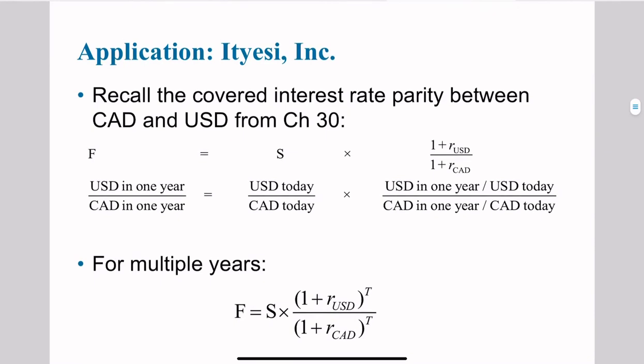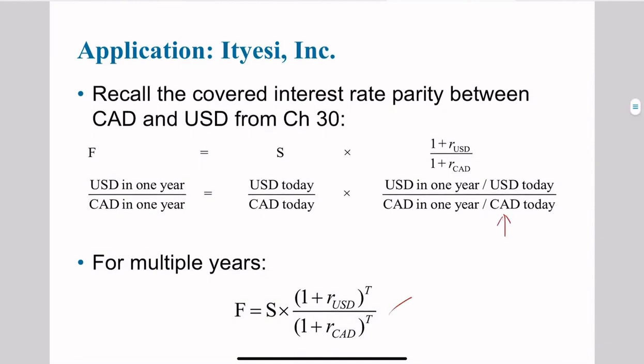If you go back to the lecture note and look at the formula, you will get this formula here, right? In chapter 30, we discussed the covered interest rate parity based on US dollars and Canadian dollars. That is, forward rate equals spot rate times 1 plus interest rate in the US divided by 1 plus interest rate in Canada. As I said, it's important to look at the units here.